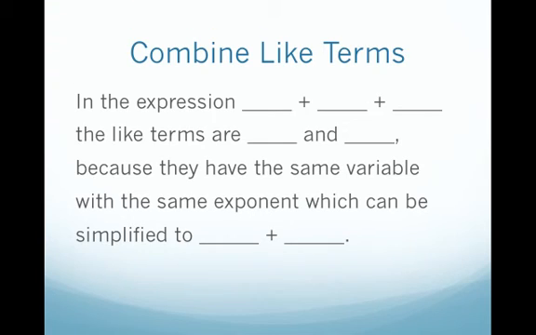In the two next blank spots, blanks 4 and 5, you're going to tell me what the two like terms are. And then in blanks 6 and 7, you're going to tell me what the expression is simplified after you combine the two like terms from blanks 4 and 5.